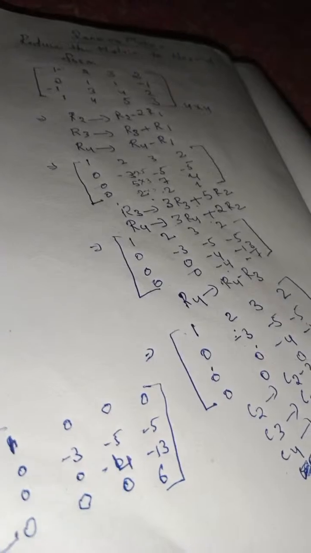So 4 by 4 matrix, what the use of solving this? No, actually, this is a normal form. I have taken the question as reduce the matrix to normal form. So to find the rank of matrix, we are using a normal form over here. You'll be getting this type of questions in the examinations.